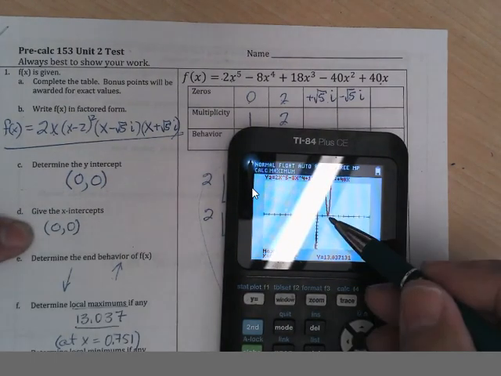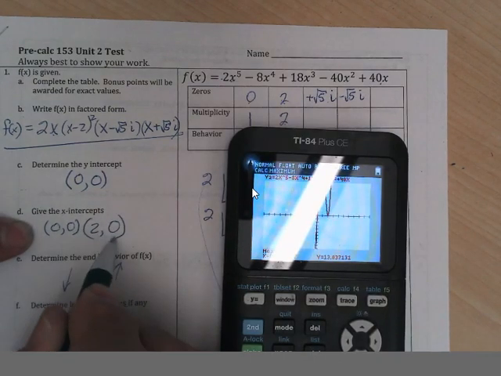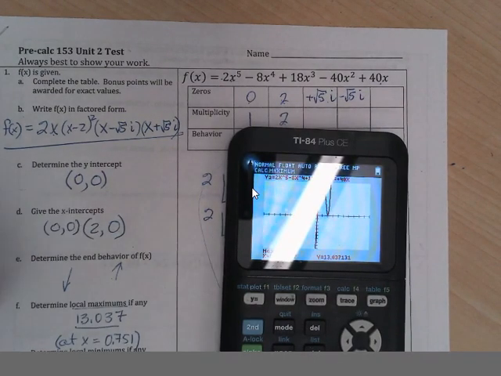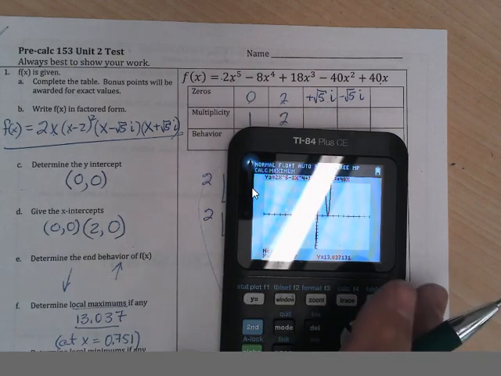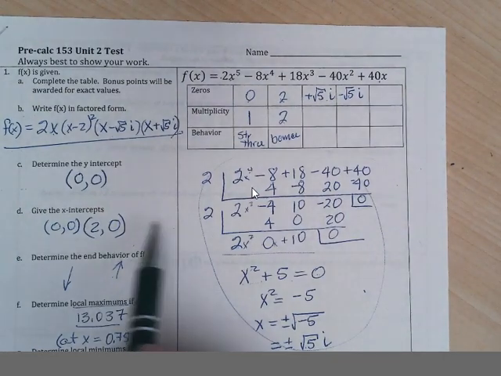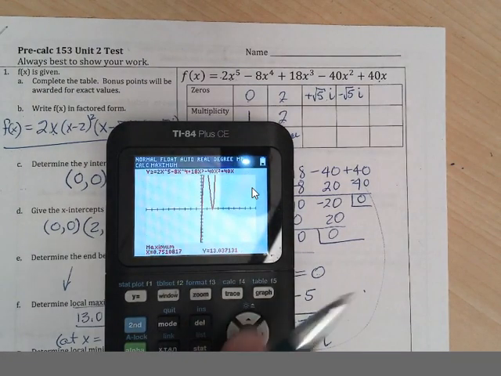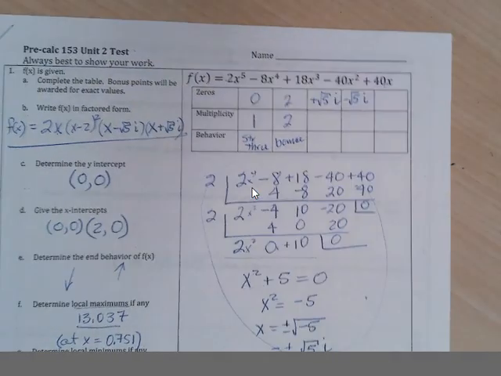And it's also crossing or touching the x-axis at 2, 0. That's a double intercept, but that's an intercept and that's an intercept. Okay. We don't list the imaginary zeros because you don't see them as x-intercepts on the graph. And that's number 1.